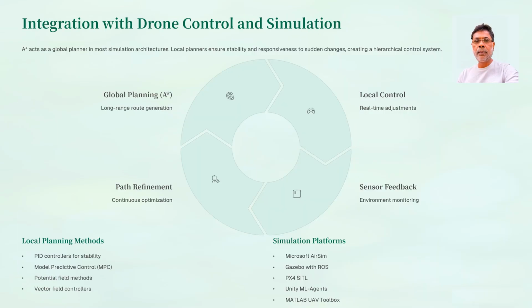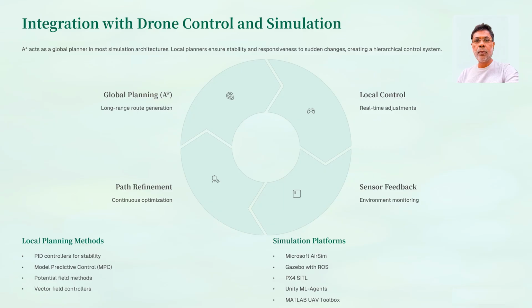In most drone simulation frameworks, A-star functions as the global planner, defining the UAV's long-range route. However, real-world flight demands more than a static plan. Local controllers handle rapid adjustments, ensuring stability under changing conditions. This layered control architecture combines global planning, real-time local control, and continuous sensor feedback.